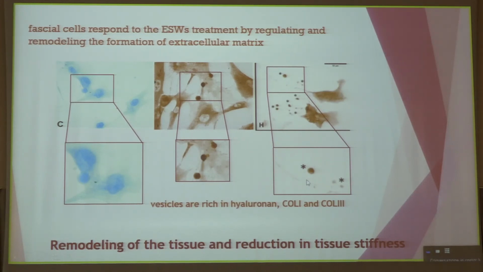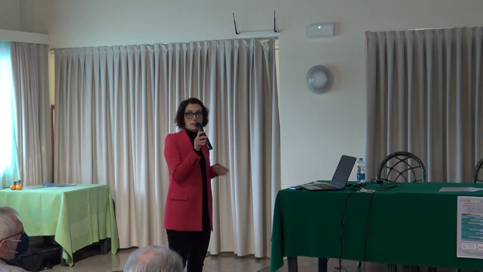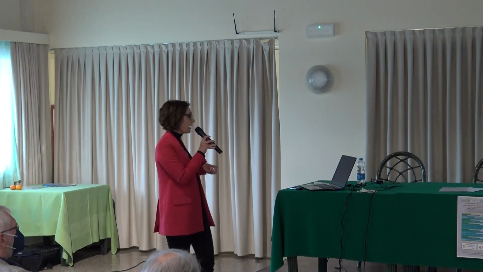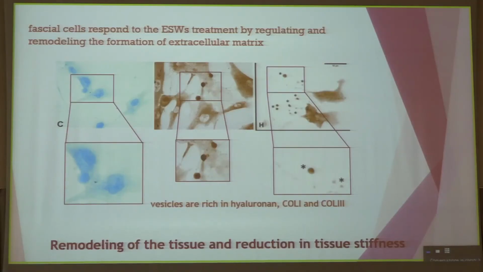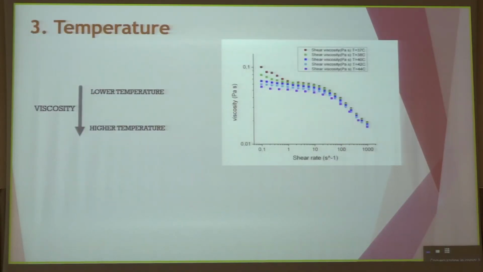So it means that a mechanical stimulation can stimulate the cells of the fascial tissue to produce new extracellular matrix. And this is important for the remodeling of the tissue. And we have to think about this aspect to understand how this treatment can help to reduce the tissue stiffness and to remodel the extracellular matrix of the tissue.